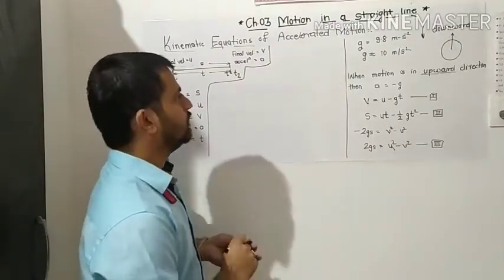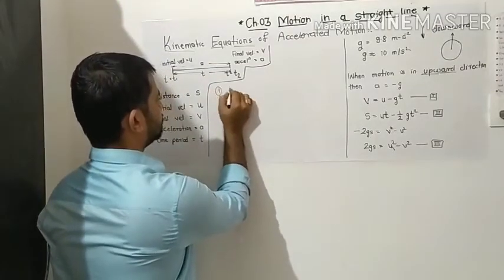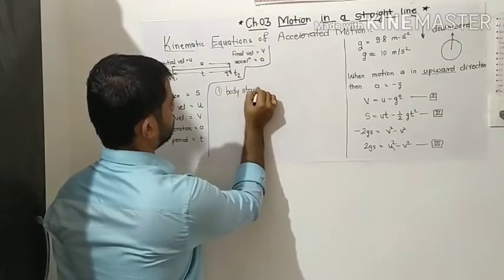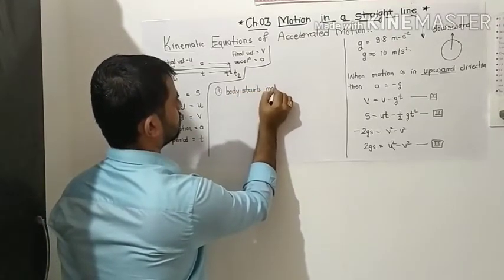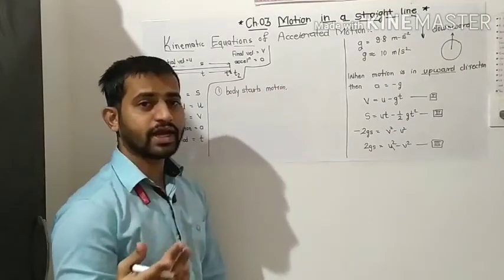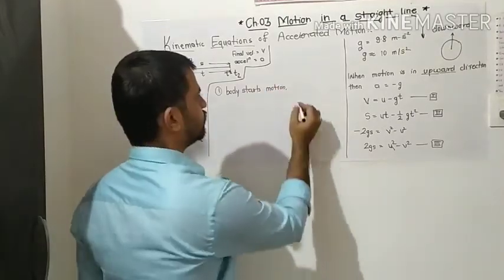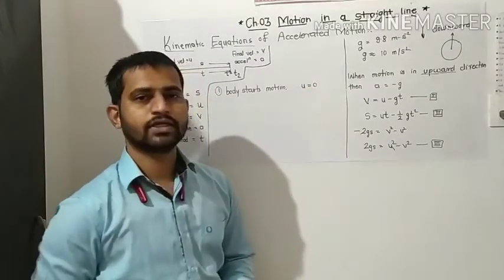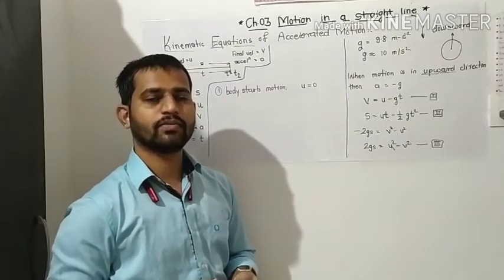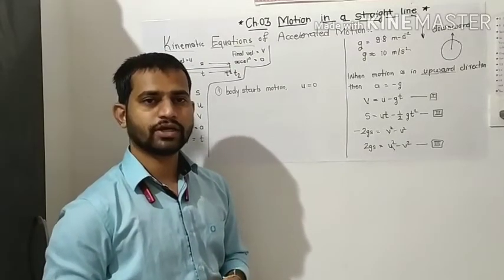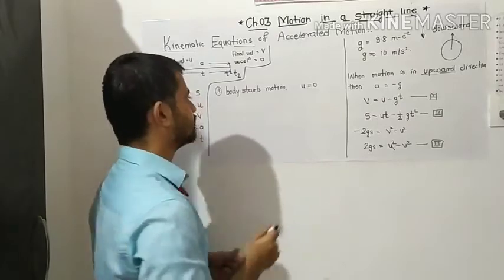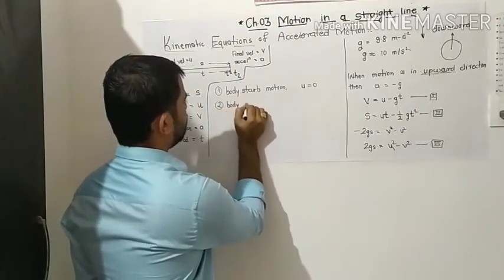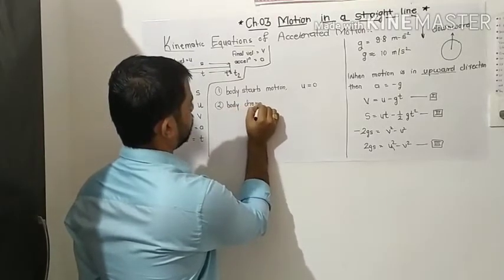Sometimes it is written that the body starts motion, which means we have to consider the initial velocity u is equal to 0. Sometimes it is written in a problem that the body is dropped from the rest.